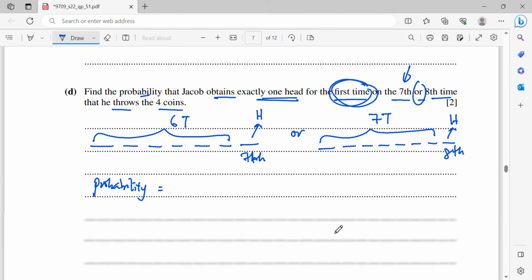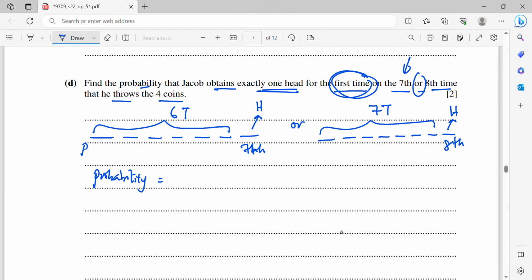Alright, so now basically here you can write P(H) is 1 over 5, which means P(T) is going to be 4 over 5. Alright, so now from the first case, you get the first H on the 7th throw. That means the first 6 will be 4 over 5 probabilities. And each throw is independent. Therefore, you multiply 6 times. I will just say that it is power 6 of 4 over 5. Then multiply by 1 over 5.